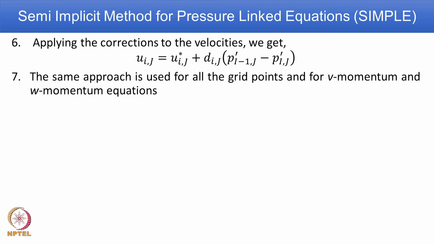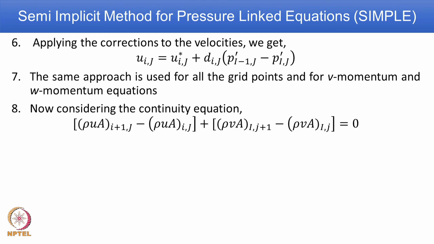So, we get the expression for all corrected velocities, and we use that in the discretized continuity equation. What is shown here is the continuity equation for 2D in discretized form with the corrected velocity incorporated, and you get finally this expression.